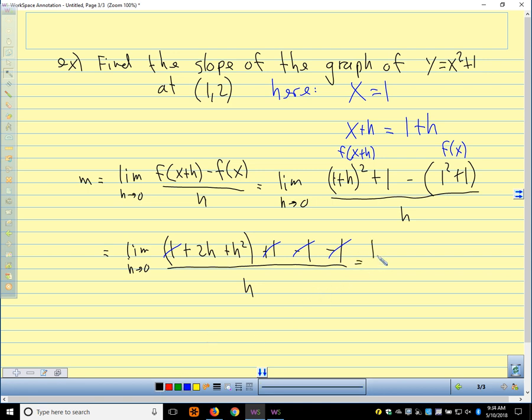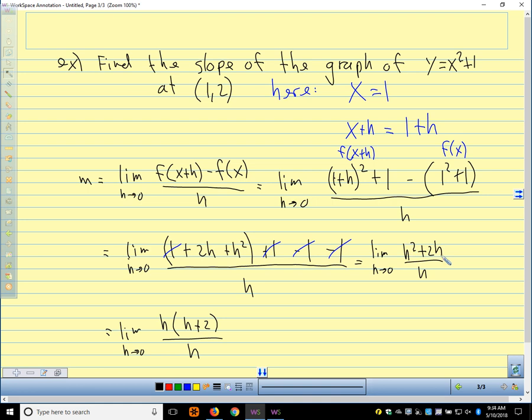So we get the limit as h approaches 0 of, and I'm going to rearrange this, h squared plus 2h over h. Well, now we can factor. What we're trying to do is get to where we can do some cancellation. Well, this is the limit as h approaches 0 of h times h plus 2 over h.